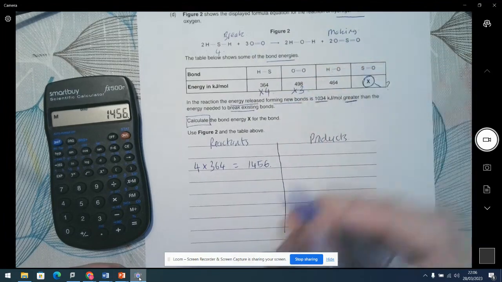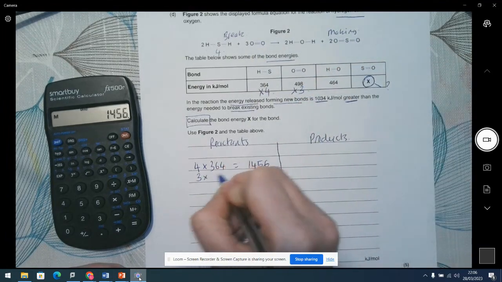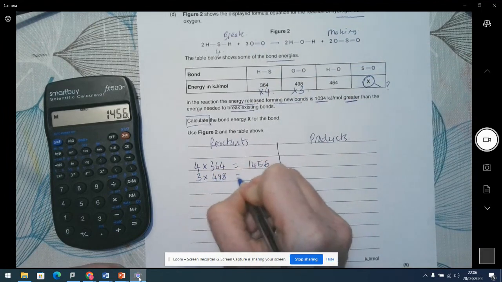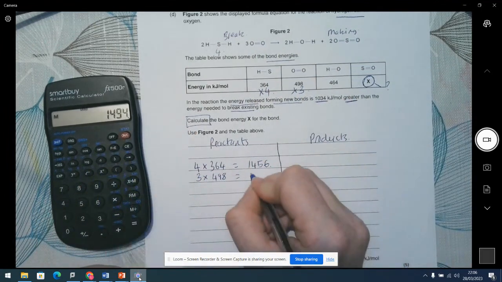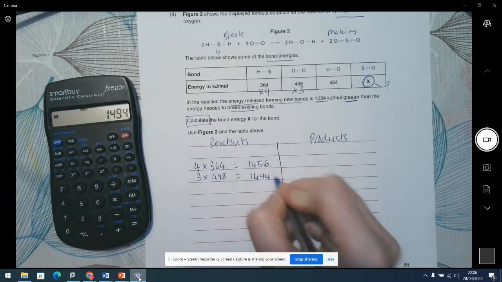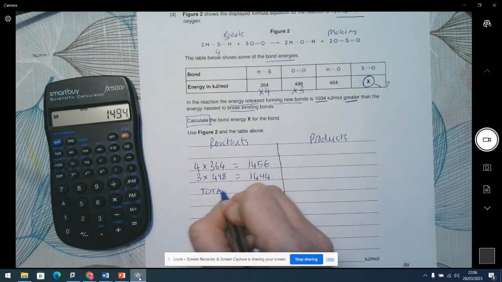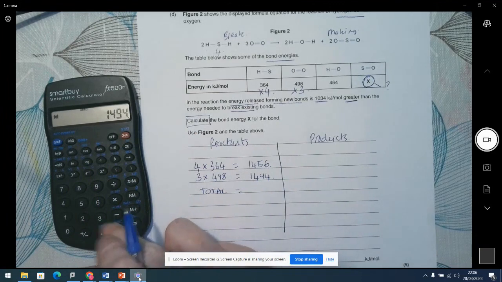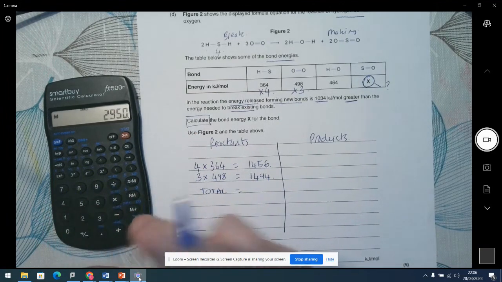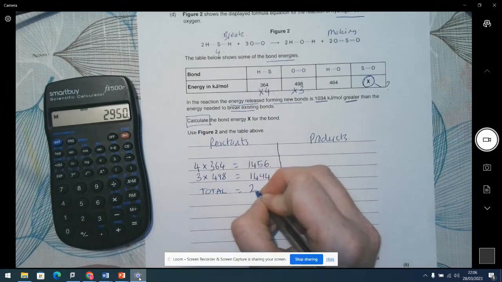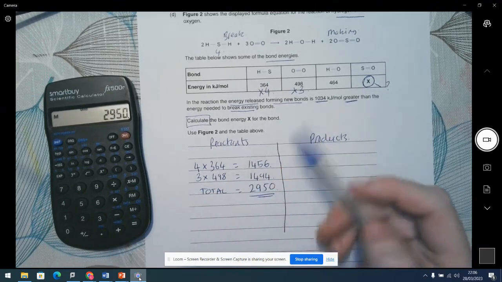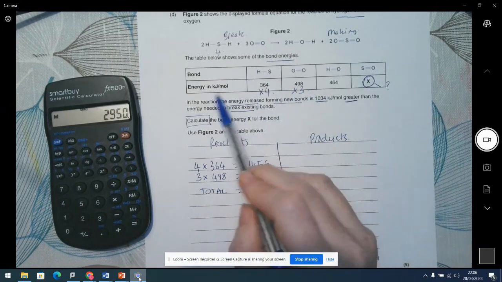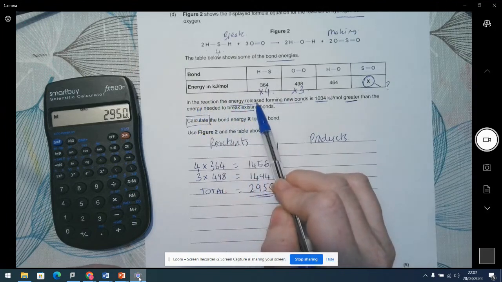So 3 times 498 is 1494. So the total energy of my reactants is those two numbers added together, which gives me a value of 2950.